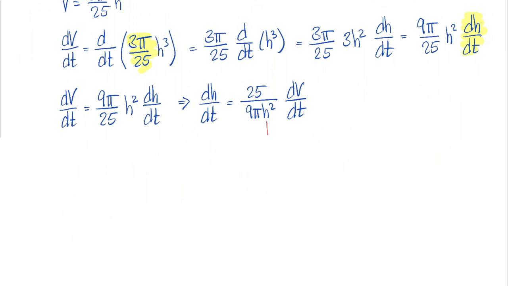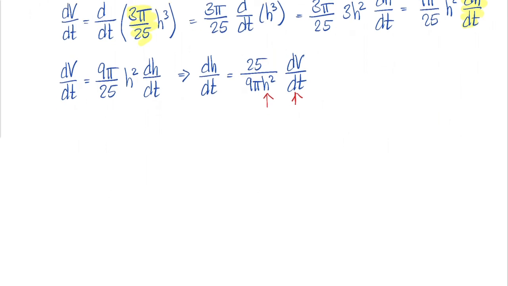So we can say dh/dt is 25 over 9 times pi times 2 squared, because we wanted to evaluate it when the height of the water level was 2 meters.